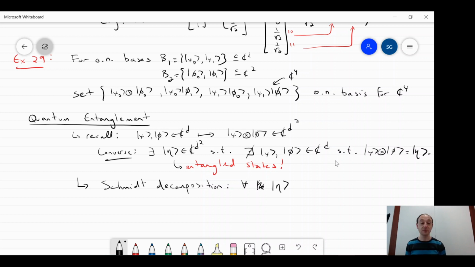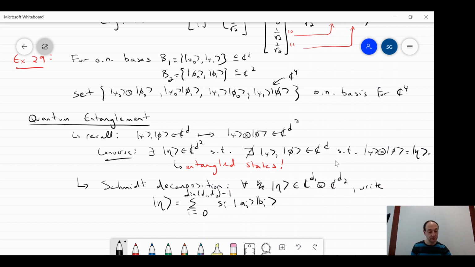So for all eta in the bigger space, let me write it as C^d1 tensor C^d2, so you're living in this bigger space, I can always write eta as the sum over i equals 0 up to the minimum of the two dimensions d1, d2, minus 1, of s_i times a_i tensor b_i.